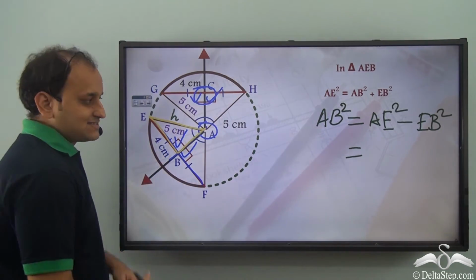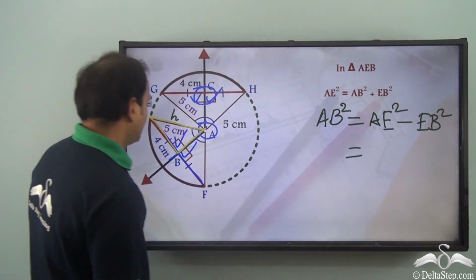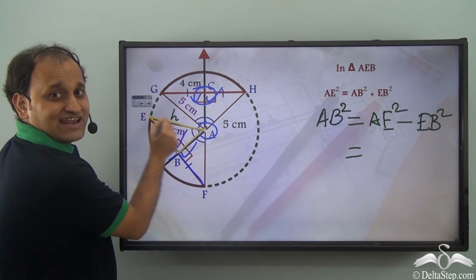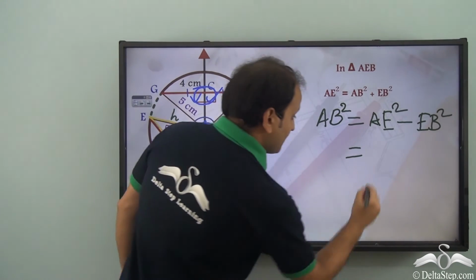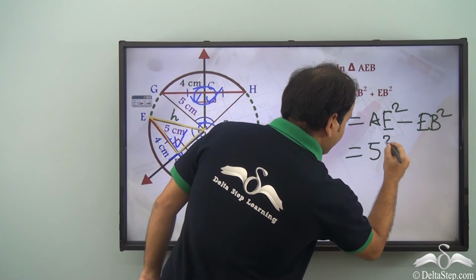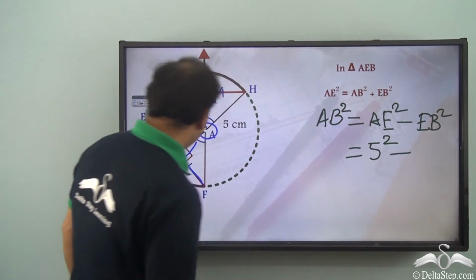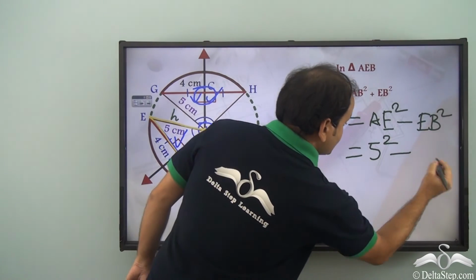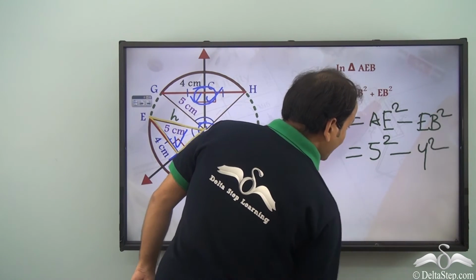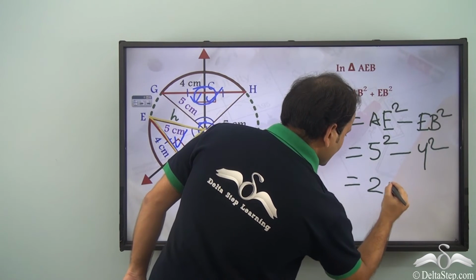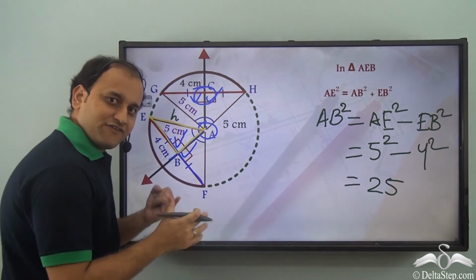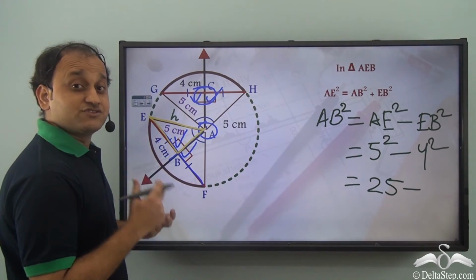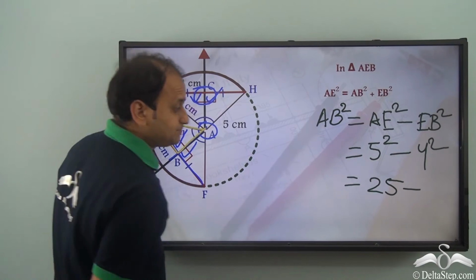Now we know the value of AE. AE is nothing but the radius, length of the radius, which is 5 centimeters. So we can write 5 square minus EB square. EB is 4 centimeters. So 4 square. 5 square is 5 into 5, 25, minus 4 square, which is 4 into 4, 16.